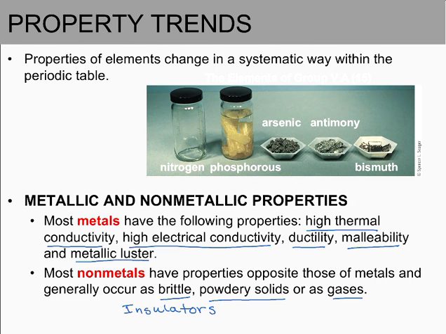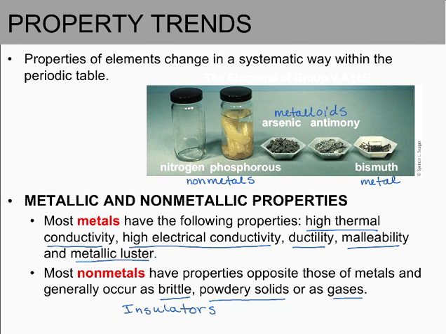So if we look up above, we have a list or a range of elements that are all in group 5A or group 15. And if you pull out your periodic table, you'll notice that nitrogen and phosphorus are nonmetals. Arsenic and antimony are metalloids. And then bismuth is a metal.